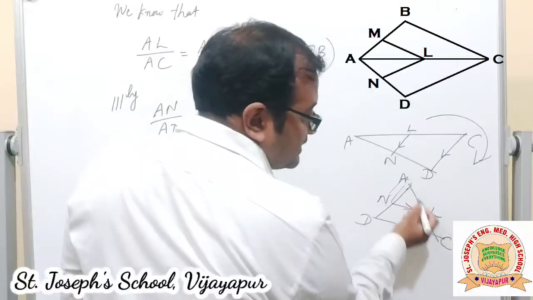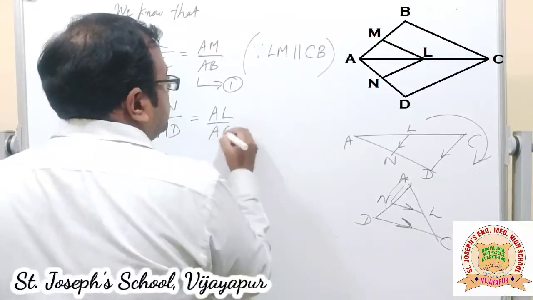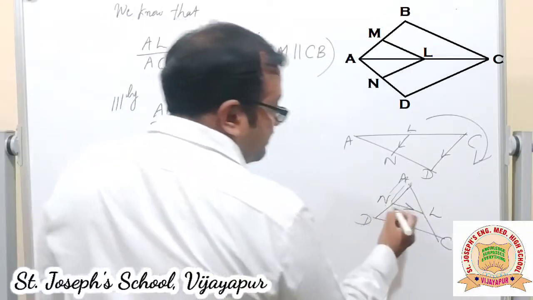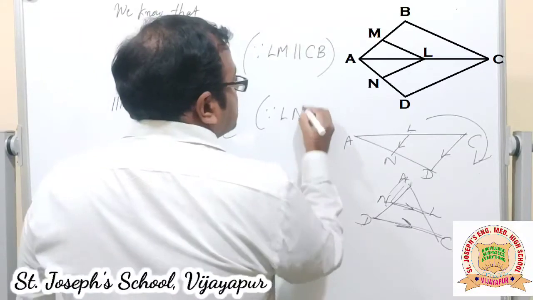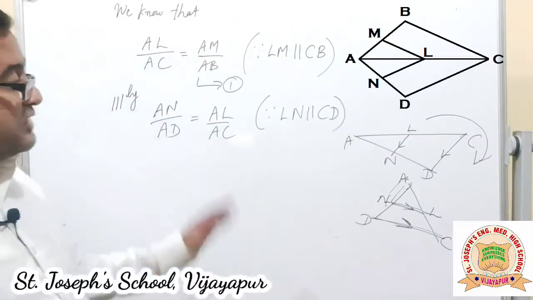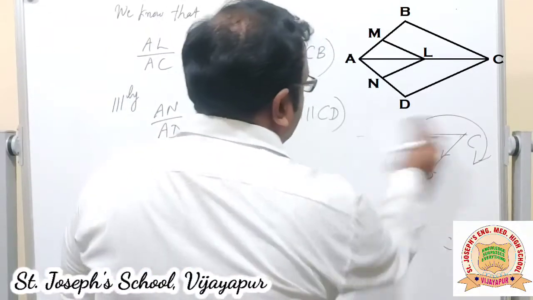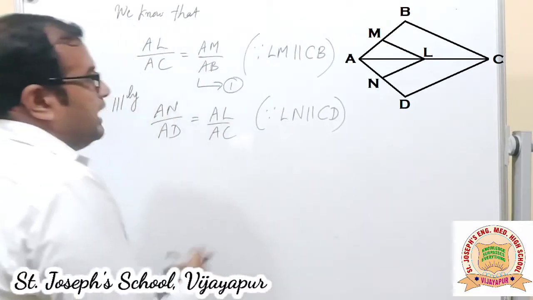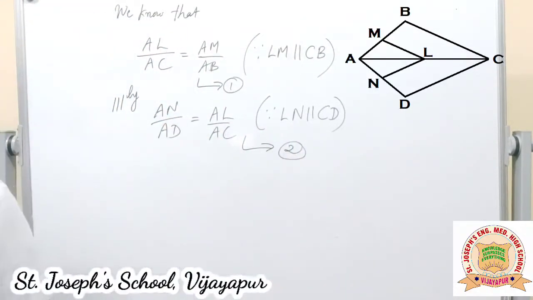The first part is AL, the full part is AC. AL upon AC. Why can you say this? Because they have given LN is parallel to CD. This is also given. So since these two things are given, I'll call this equation 2. We can say that AN by AD is equal to AL by AC.